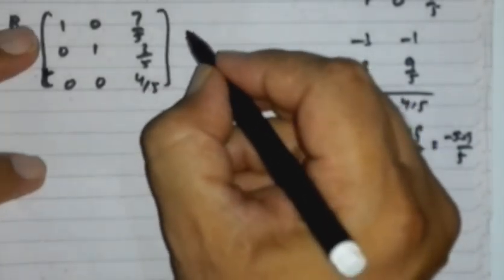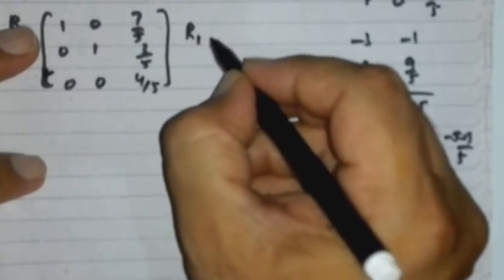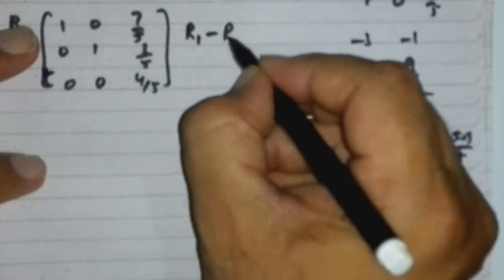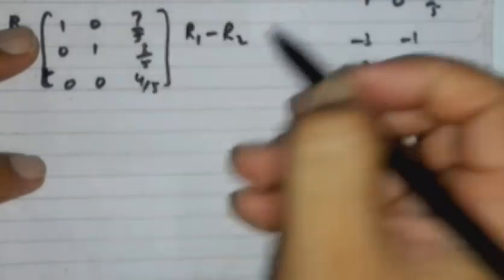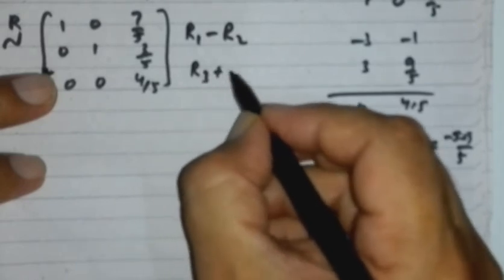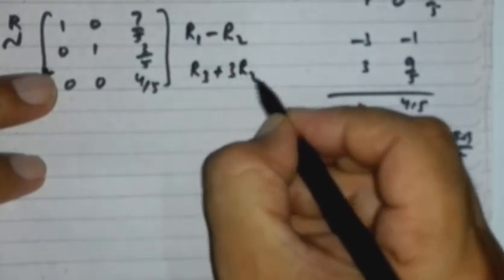How? R1 minus R2, we have subtracted this, and R3 plus 3 times R2.